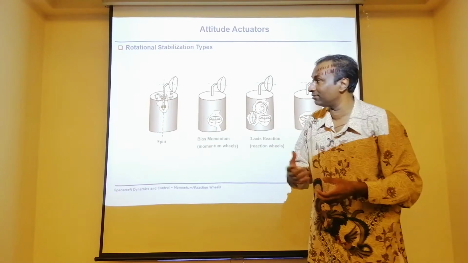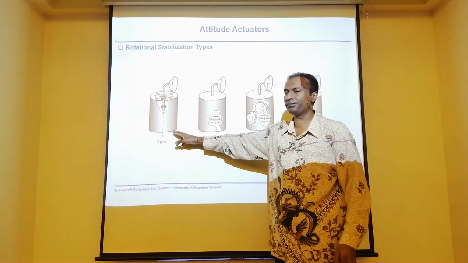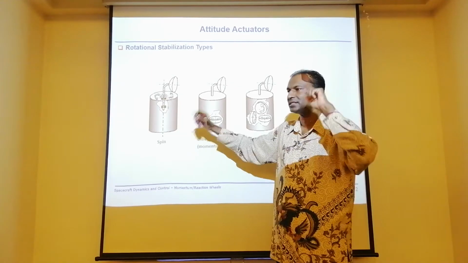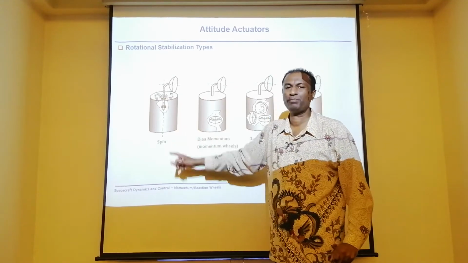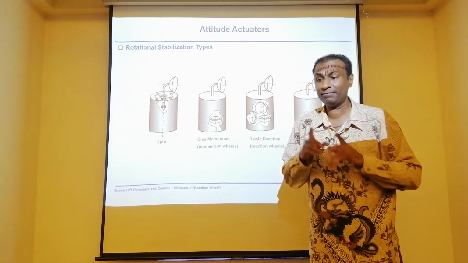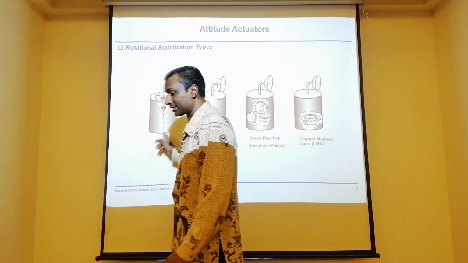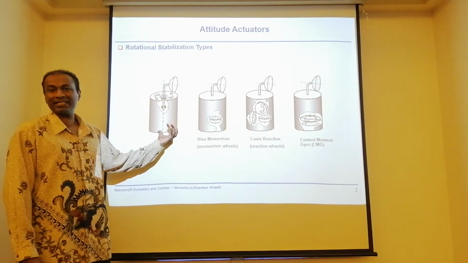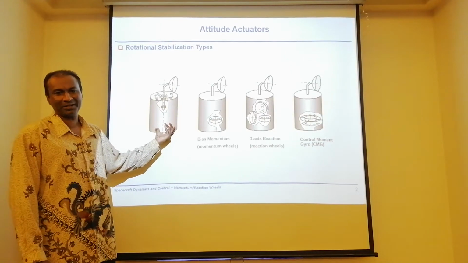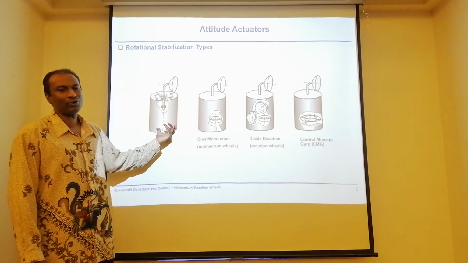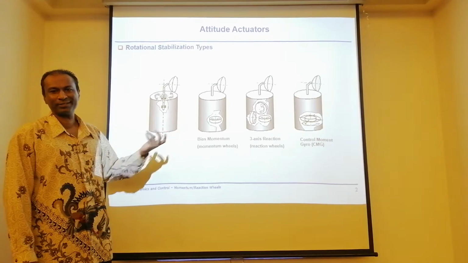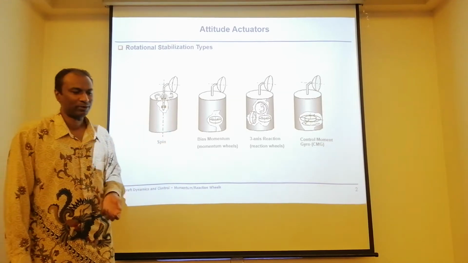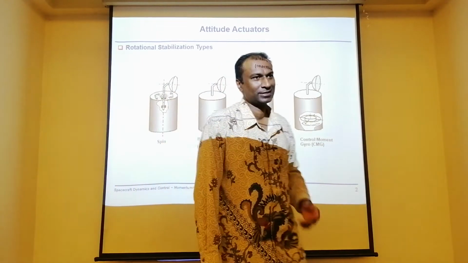So the first mode of rotational stabilization is through spin-stabilized satellites. More often than not, a spin-stabilized satellite will be cylindrical in volume. You won't have a cubical satellite which is spinning. You will have a cylindrical satellite because the spin will be constant. Please understand that.